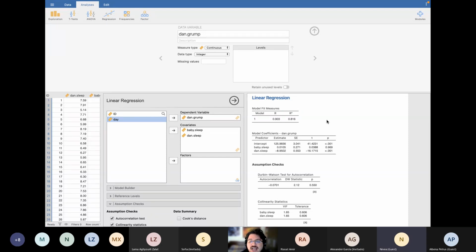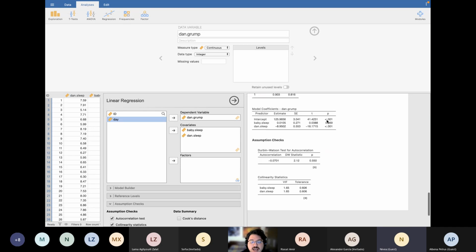The R squared tells you how well your model explains the data. R is the same as the Pearson R, the correlation coefficient, and the R squared is the percentage of the variance in the data that you successfully explain with your model.